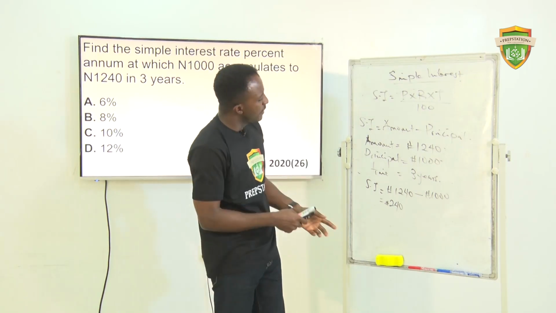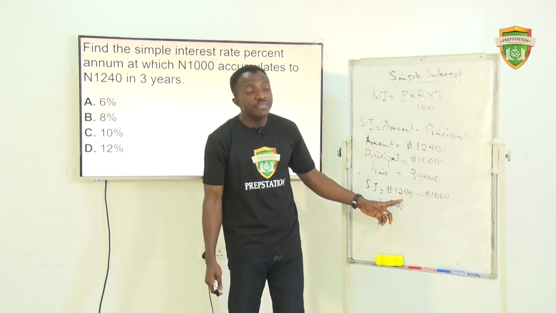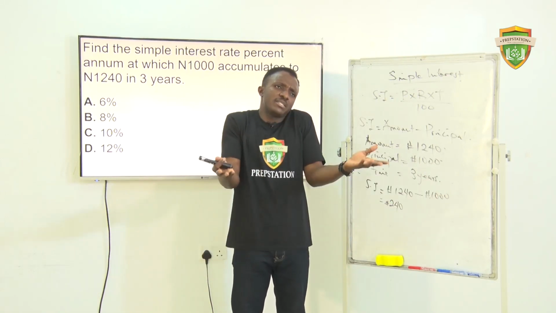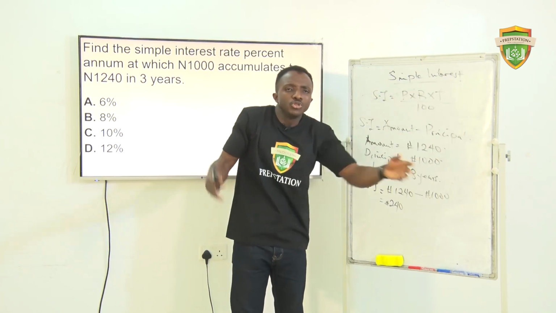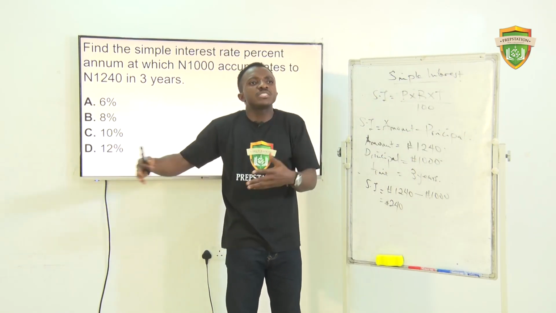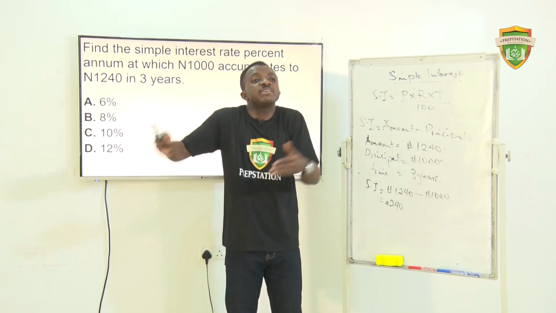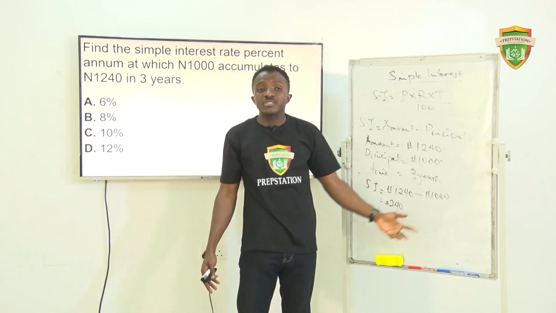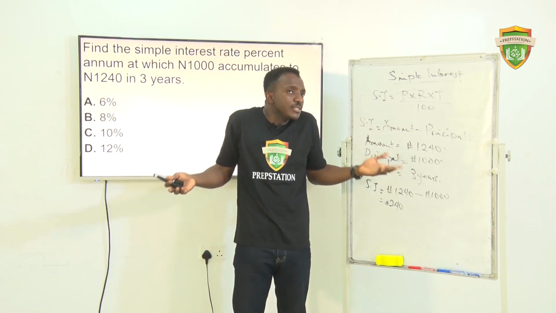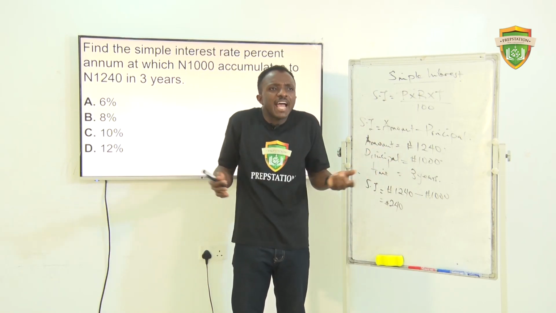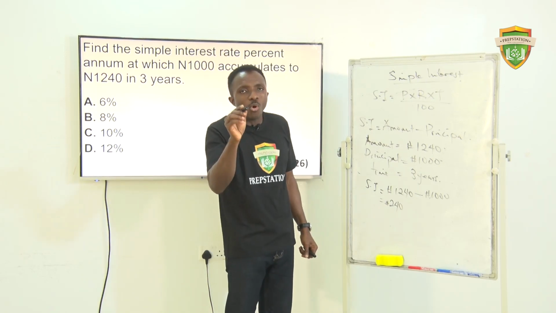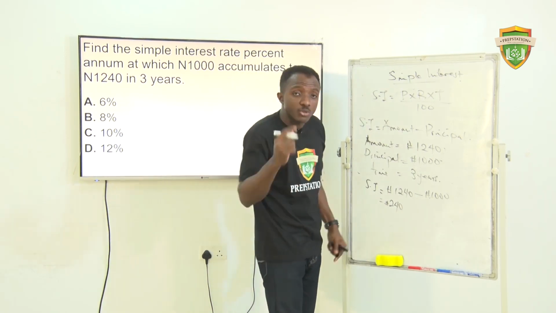So imagine if you need a calculator to do 1,240 minus 1,000. I mean, it's just simple. It means you have 240 more than 1,000. So 1,240 minus 1,000 is simply 240. That would save you so much time, instead of looking for the calculator to punch this. We need all the time in the world when we're writing this exam. So please take note of that.